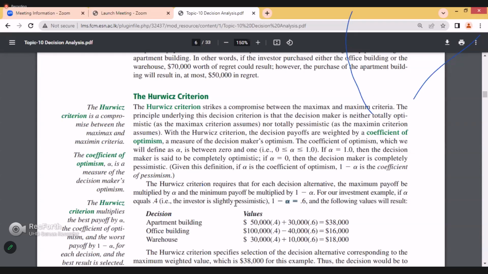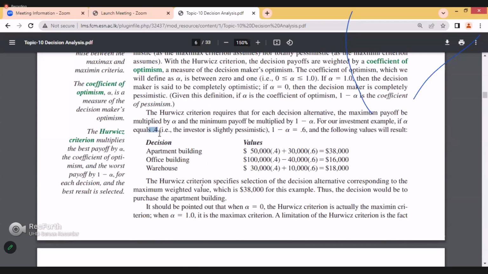The weightage for the optimistic approach is alpha, and the rest is the negative aspect. Pessimistic is 1 minus alpha. So that's why it's 0.6.